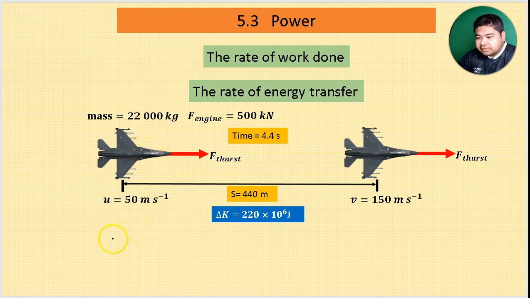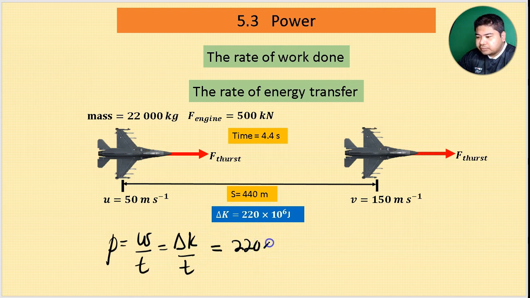The power is given by the equation: power is equal to the rate of work done, W over t, or the change in the kinetic energy over time. There are two ways you can calculate power. We already have the change in the kinetic energy, 220 times 10 to the power of 6 joules, divided by how fast that change happened.